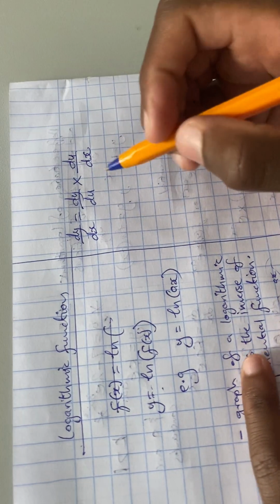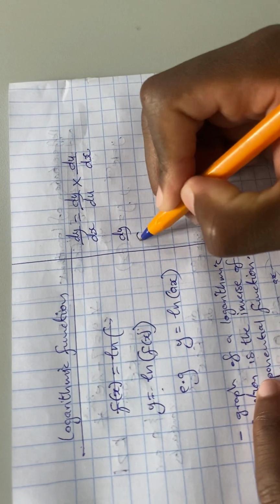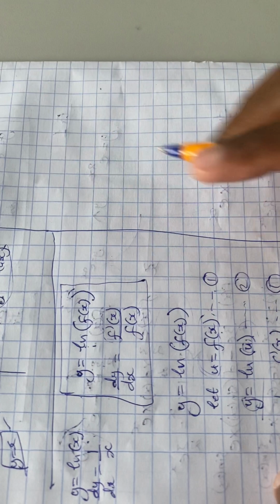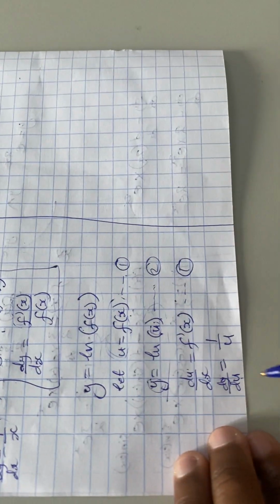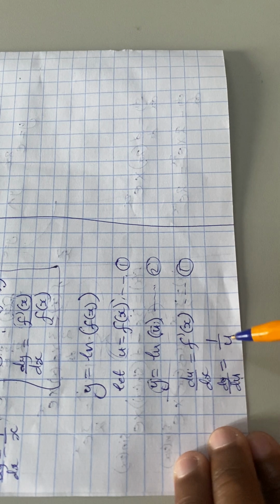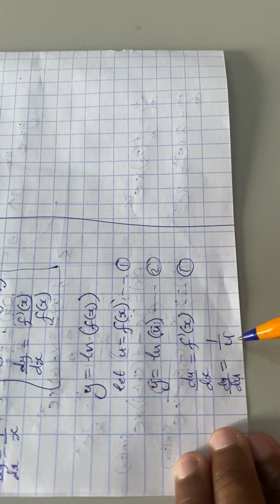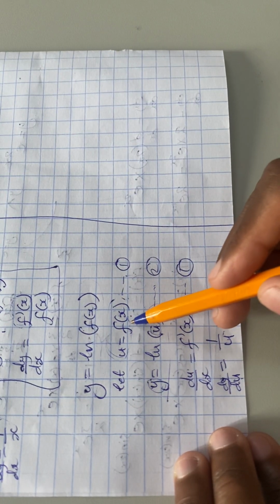Which means dy/dx equals dy/du, and we know that dy/du equals 1 over u, but we also know that u equals f of x. So where there is u, we substitute f of x.